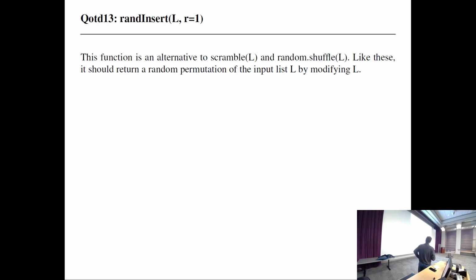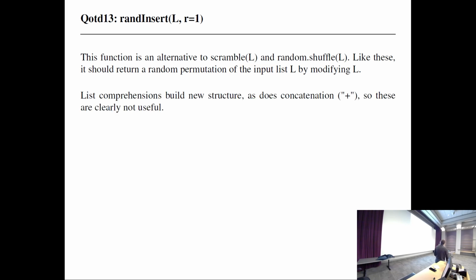And the key part of the spec was that you're going to modify the input list L to create the permutation. So this was kind of a tricky question because list comprehensions, which build new structure, and concatenation, which also builds new structure, you can't use those, right? The assignment saying you were supposed to modify L should have made you aware to be careful that the things we often use for lists will probably steer you wrong.